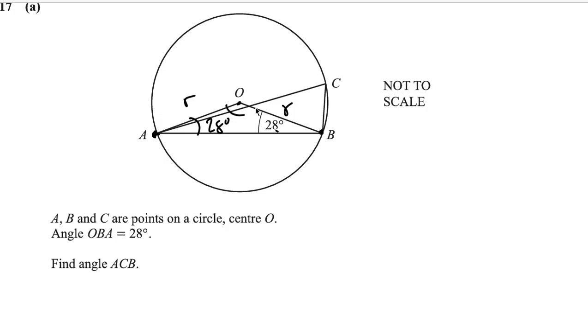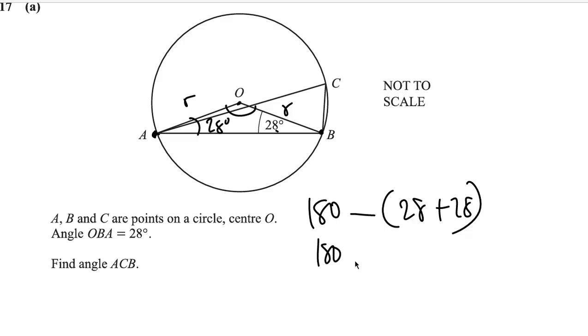And then to get the value of this, remember that angles in a triangle sum to 180 degrees. So that's going to be 180 negative 28 plus 28. And that's going to be 180 negative 56, right? And 180 negative 56 is 124. So the angle over here is 124.